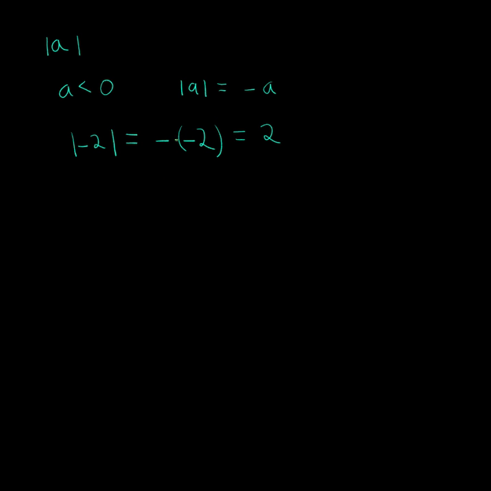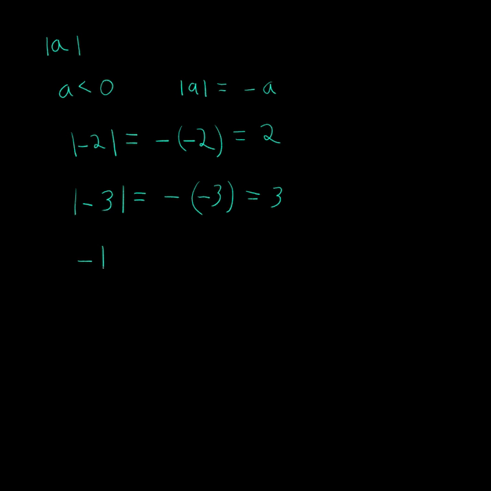This might not be the most rigorous way of expressing it, but I think it makes sense. So if we have negative 3, the absolute value of negative 3, again double negatives, they'll cancel and give us 3.